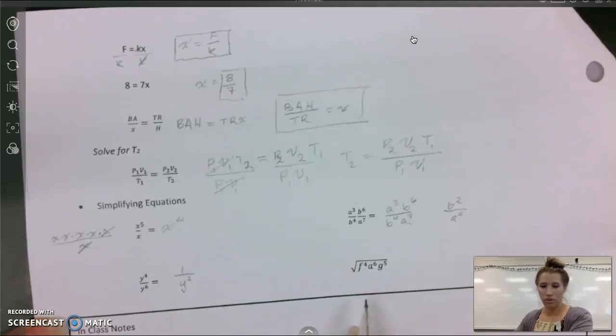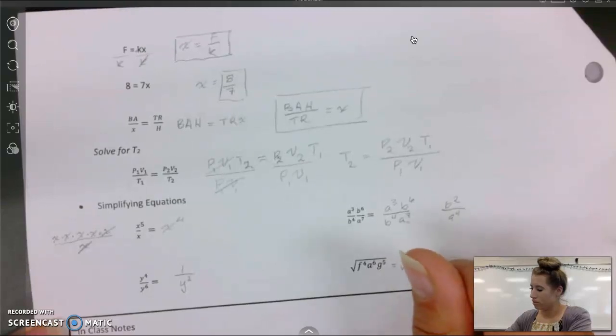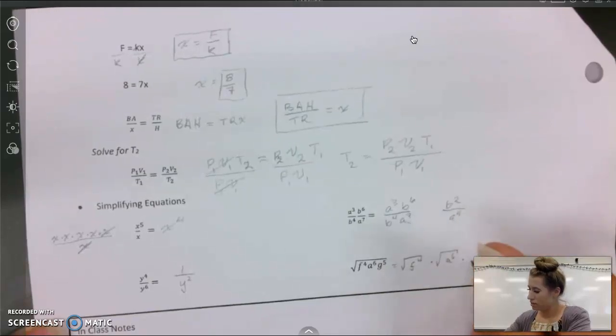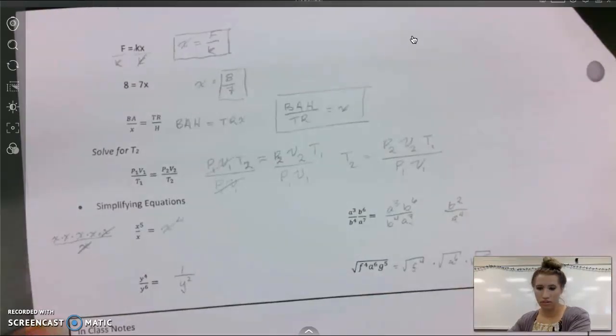And our last one. Okay. So when we take this square root of a value and everything's under the square root, the first thing to know is that we can break this up. This is the same thing as the square root of f to the 4th times the square root of a to the 6th times the square root of g to the 5th. Okay.